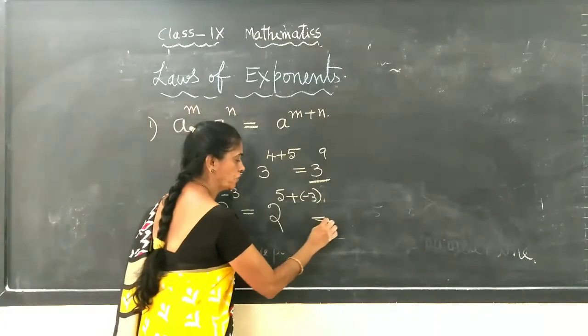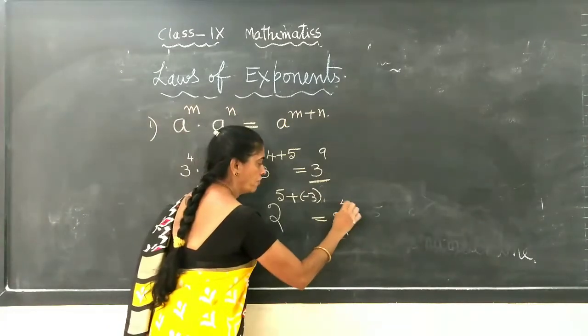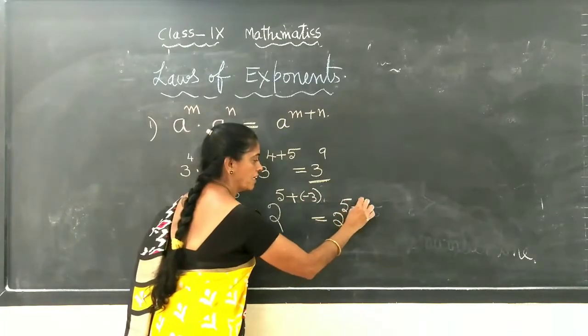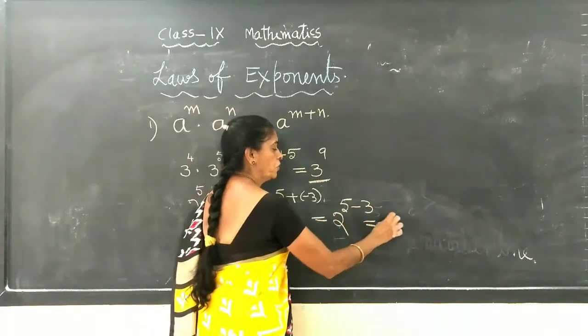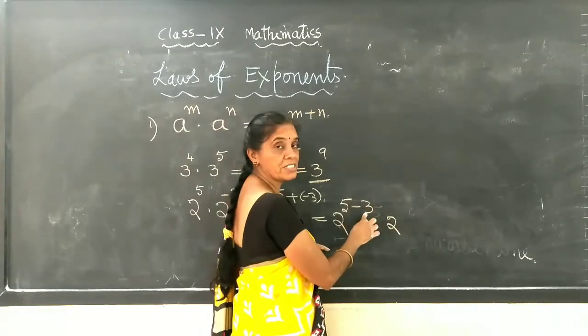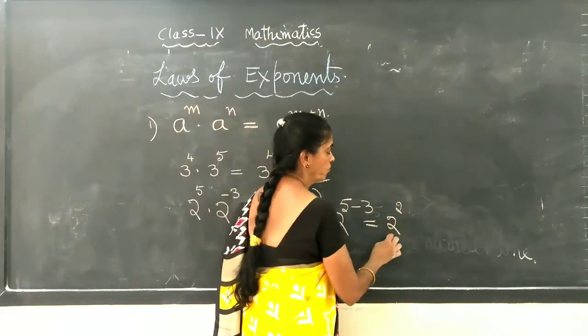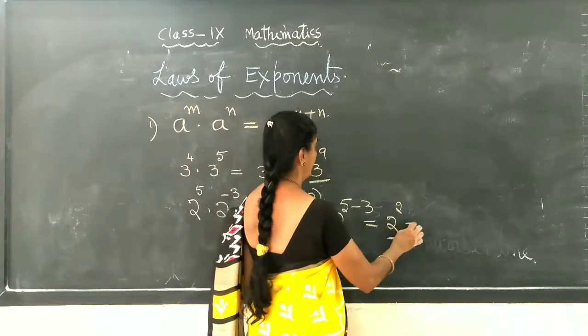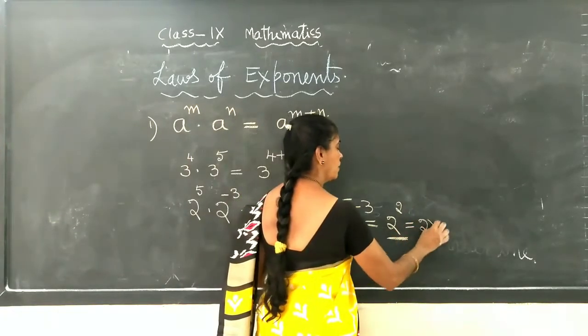If you open the bracket, plus into minus is minus, so it is equal to 2 to the power of 5 minus 3, which is 2 to the power of 2. If you want, you can write it out, or if you keep it as it is, no problem.